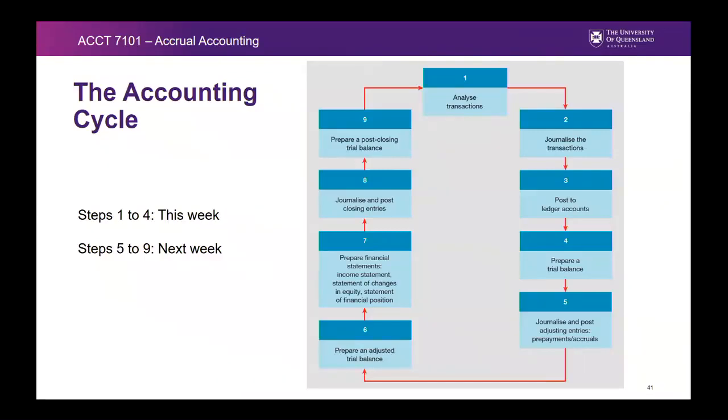So that's what's called journalising the transactions, creating a journal entry for a transaction. And then what we'll look at today is we'll combine our journal entries into ledger accounts, and then prepare the trial balance. And then next week we'll do the other steps 5 to 9, so we don't need to worry about that today.